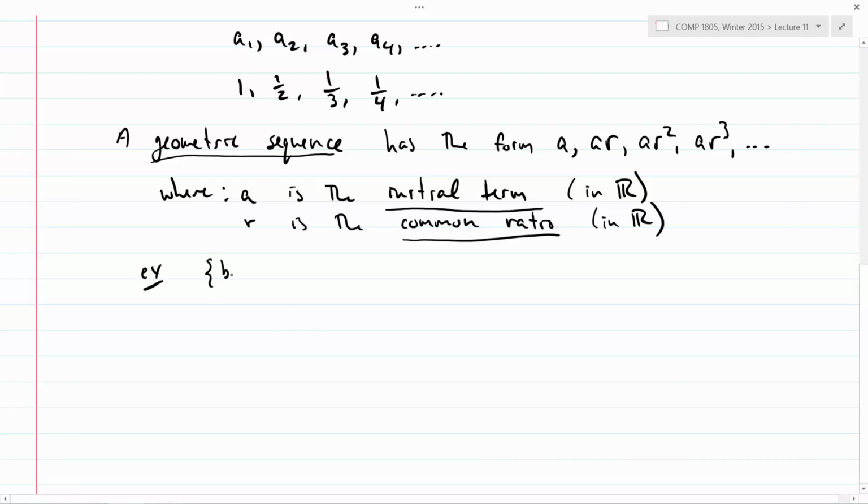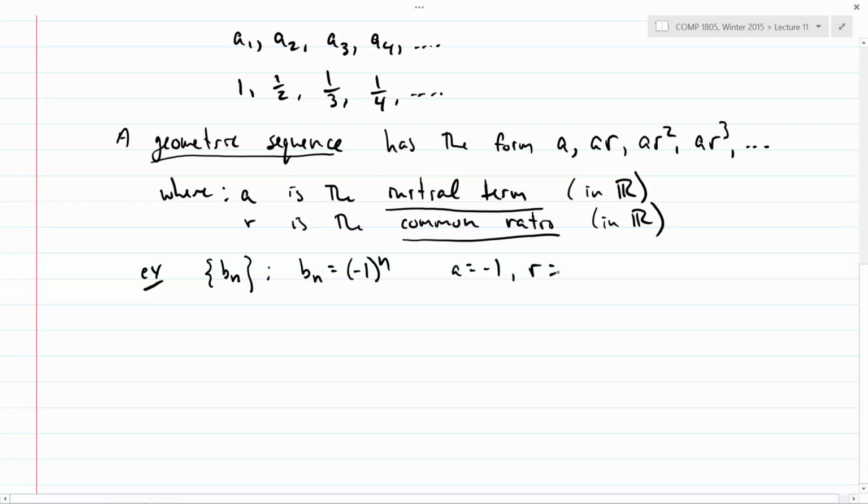If I look at the sequence b sub n, where bn is minus 1 to the n, well, that's a geometric sequence. The initial term, well, you figure out what you get at the very beginning of the sequence, that's minus 1.